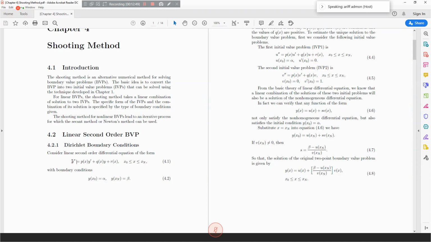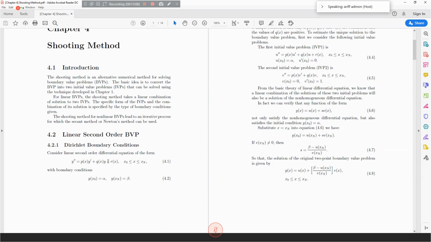The coefficient for y is q, meaning any function of x, or generally the independent variable. The coefficient here is p of x, and the coefficient of y double prime is just 1.